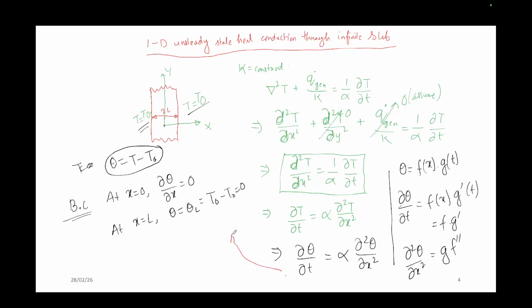In place of d theta by dt, the equation should be f g dash equal to alpha f double dash g. More realistically, I can write f double dash by f equals 1 by alpha g dash by g.